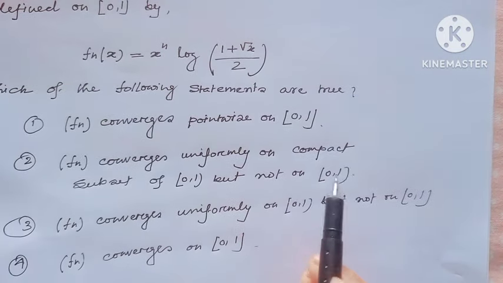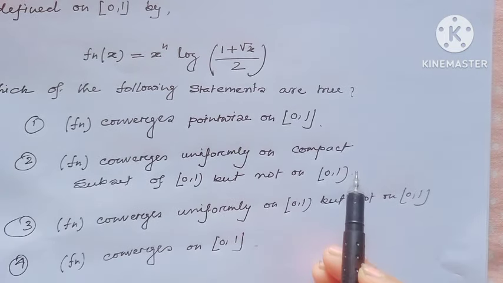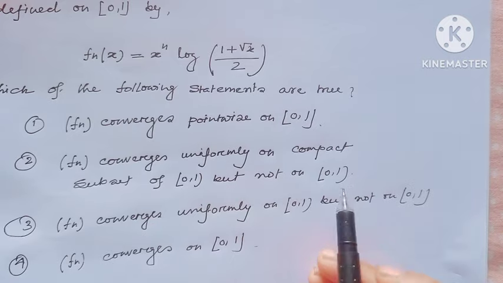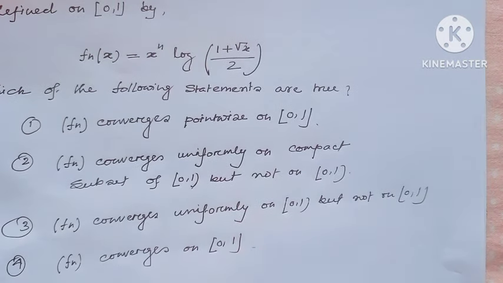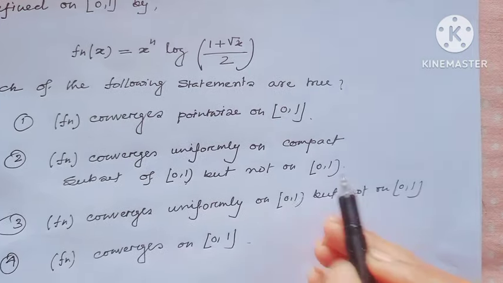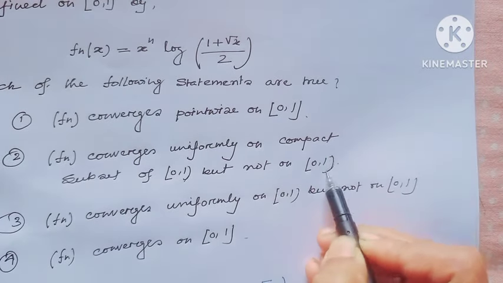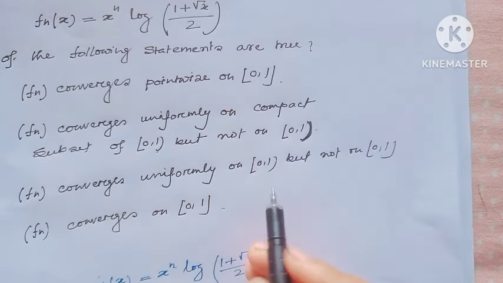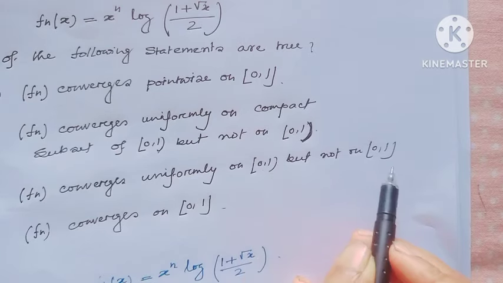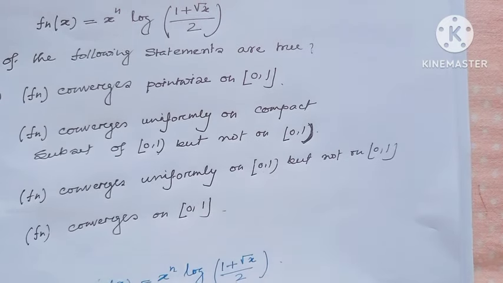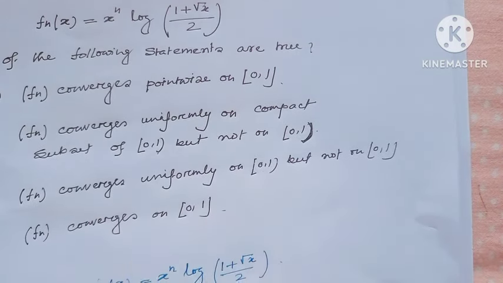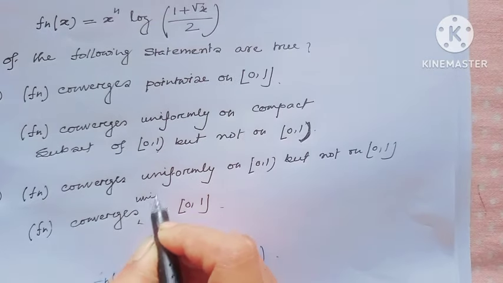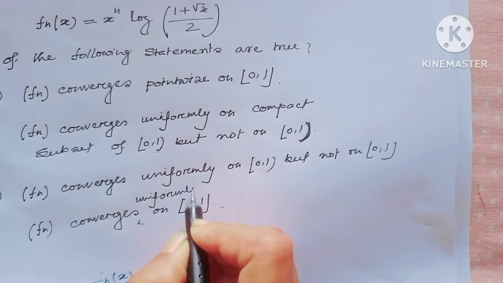Option 2, fn converges uniformly on compact subsets of [0, 1), but not on the closed interval [0, 1]. Option 3, fn converges uniformly on [0, 1) but not on [0, 1]. Option 4, fn converges uniformly on the closed interval [0, 1].